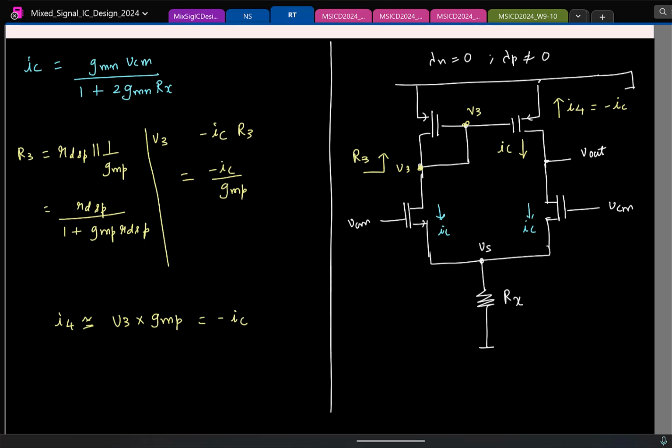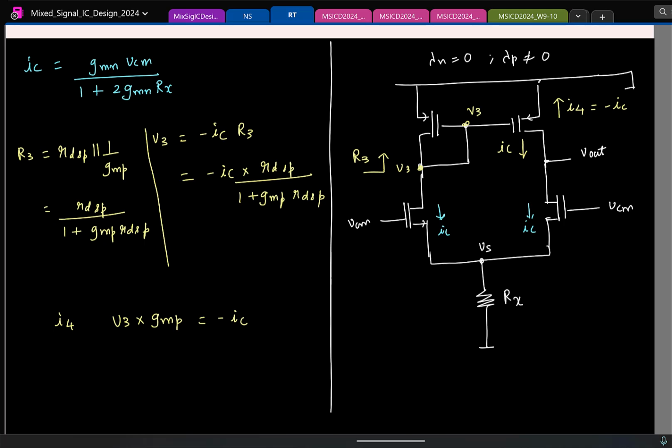So now let's find V3 exactly. This is going to be minus IC times this resistance, which is RDSP by 1 plus GMP times RDSP.